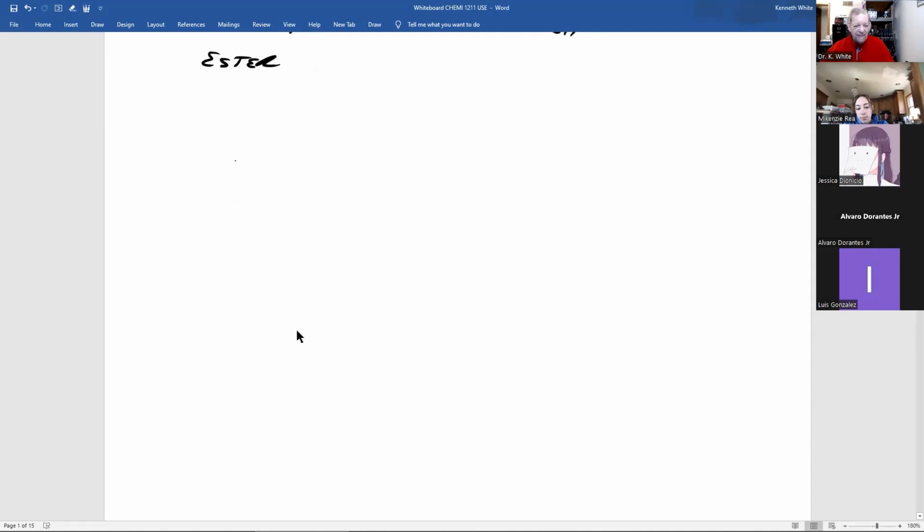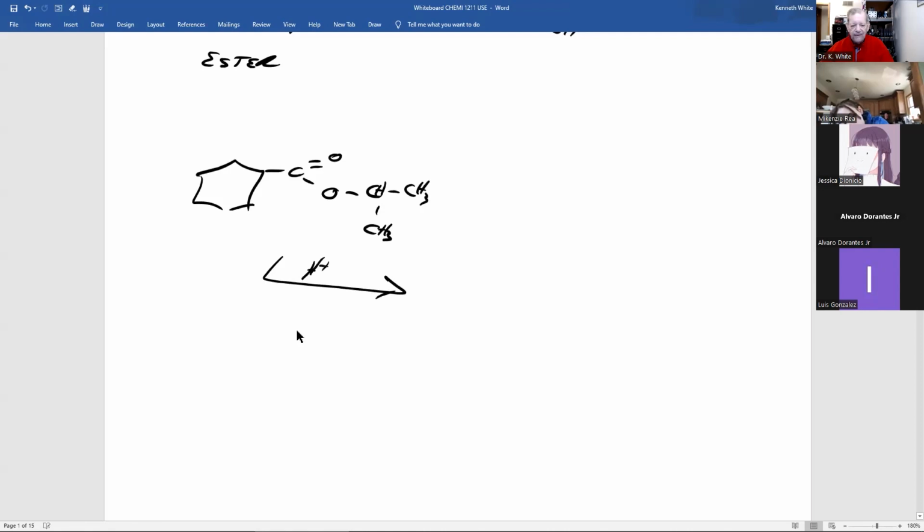Oh, let's have some fun. And the question would be, what 2 products would you get if you react this molecule?